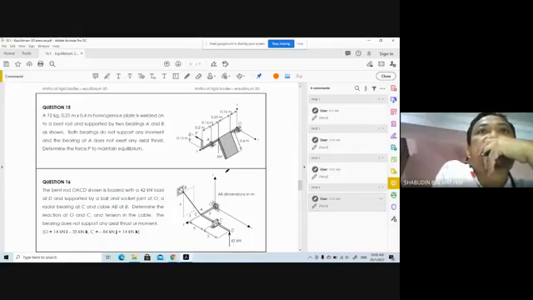Both bearings do not support any moment. But bearing A only does not exert any axial thrust.